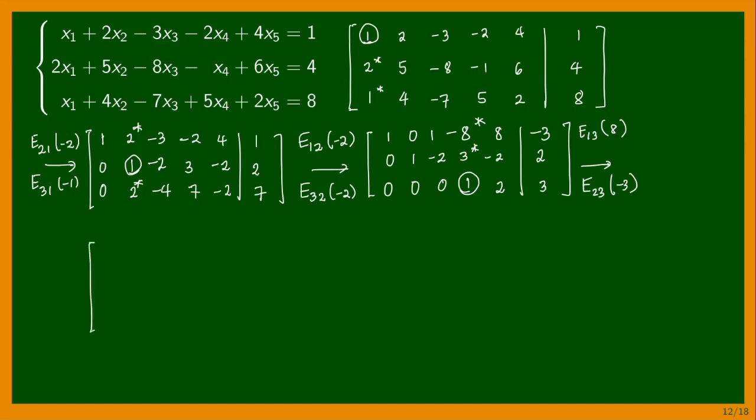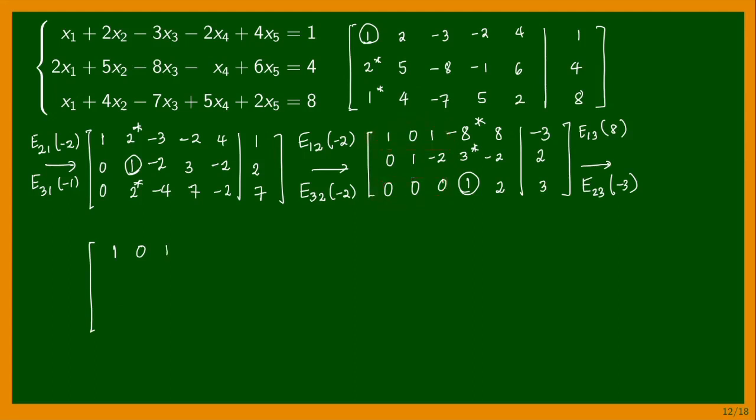Okay, first row. From here up to here, nothing will change. Right? 1, 0. But here, you see, from here up to here, up to here, nothing will change because all of these are 0. Okay?